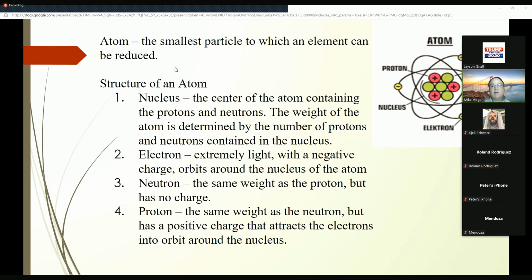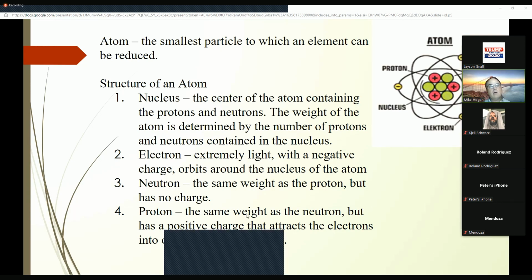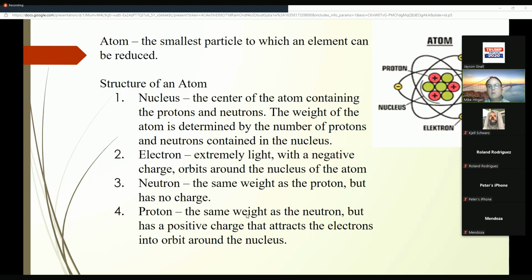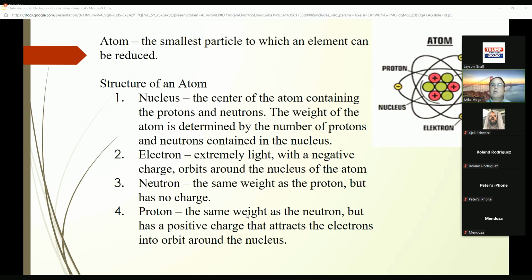That's the area that contains most of the weight, if you will. We've got the electrons that are around the nucleus. They are in what we're going to call orbits. They can be removed from these orbits depending on some things we're going to take a look at in just a minute. But inside that nucleus, you have neutrons and protons.